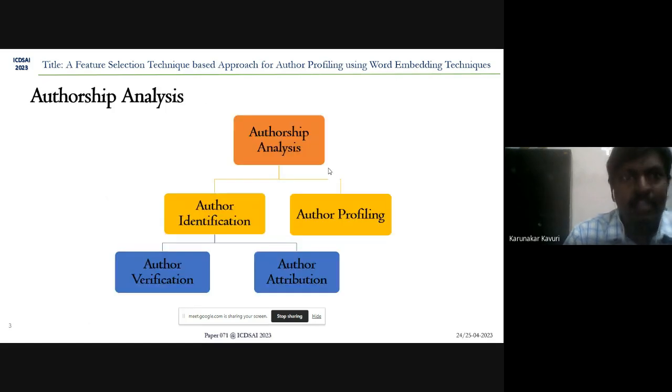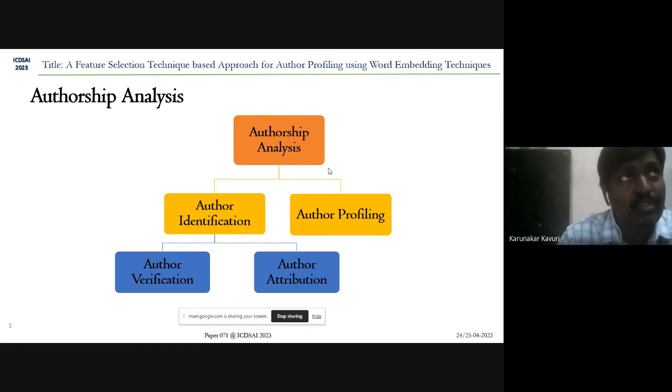explain. First of all, I want to give a brief introduction to authorship analysis. Basically, the task is related to author profiling. Authorship analysis can be divided into two types: author identification and author profiling. Authorship analysis is a classification task, classification of text into different classes. Author profiling is my main research topic.